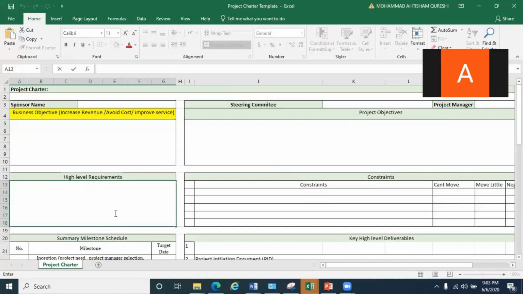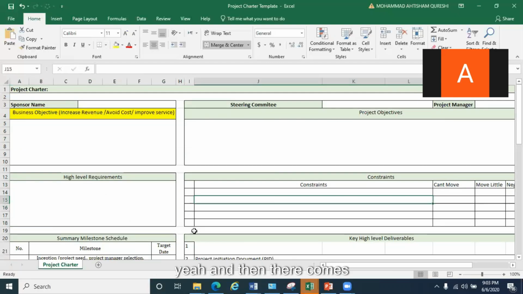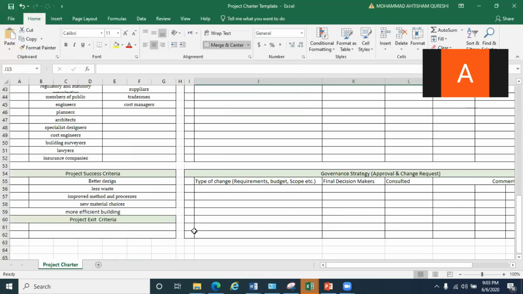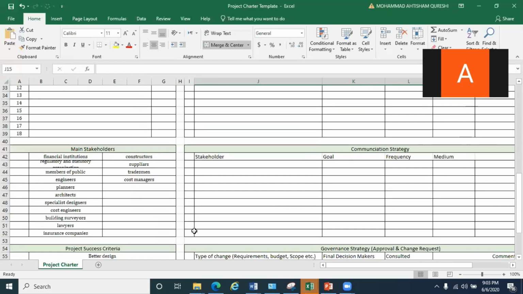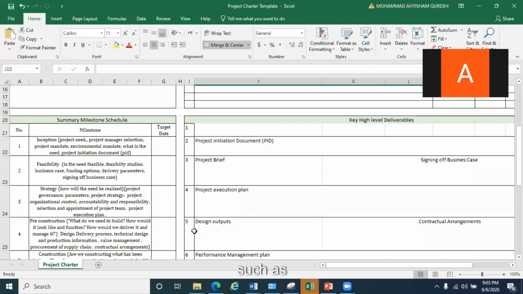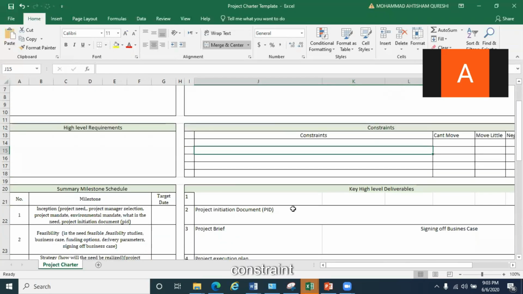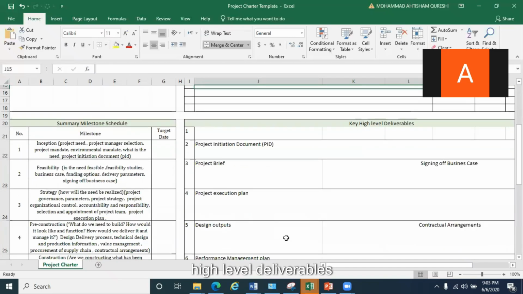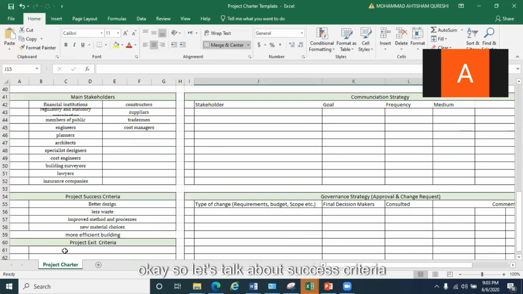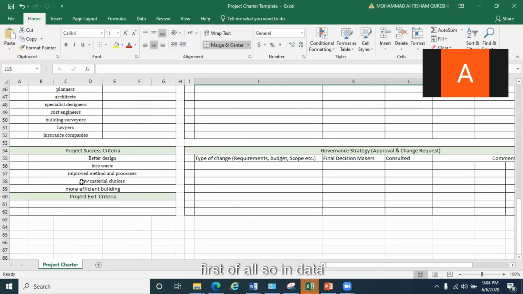We will describe it here. We can break it down into more and more performance goals that we want to achieve from this car. So those will be high level requirements. And then there come other sections such as milestones, constraints, high level deliverables.